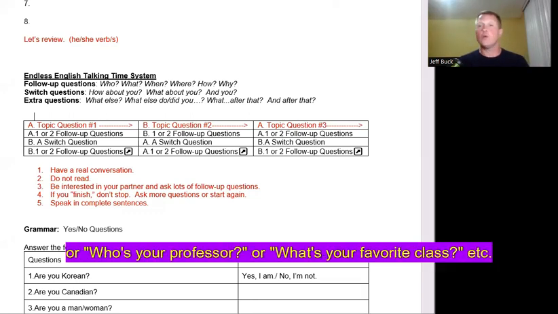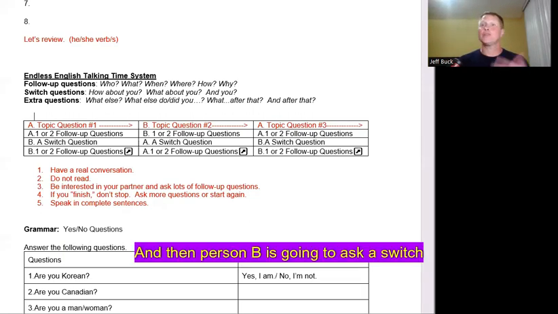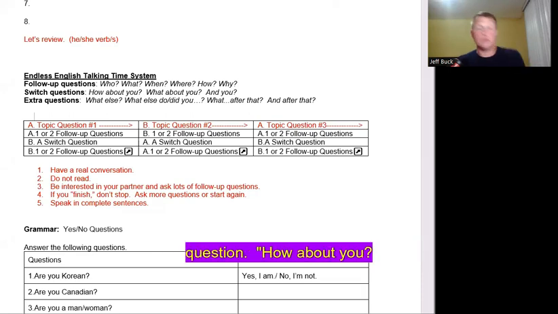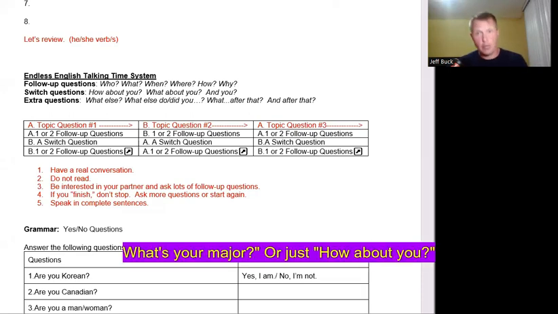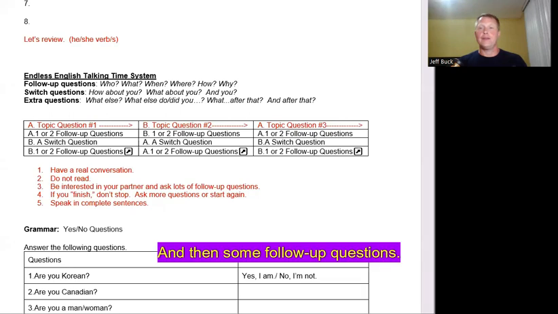Why did you choose that? Or who's your professor? Or what's your favorite class? Etc. And then person B is going to ask a switch question. How about you? What's your major? Or just how about you? And then some follow-up questions. What, when, where, how, why. All right. And that's how it works.